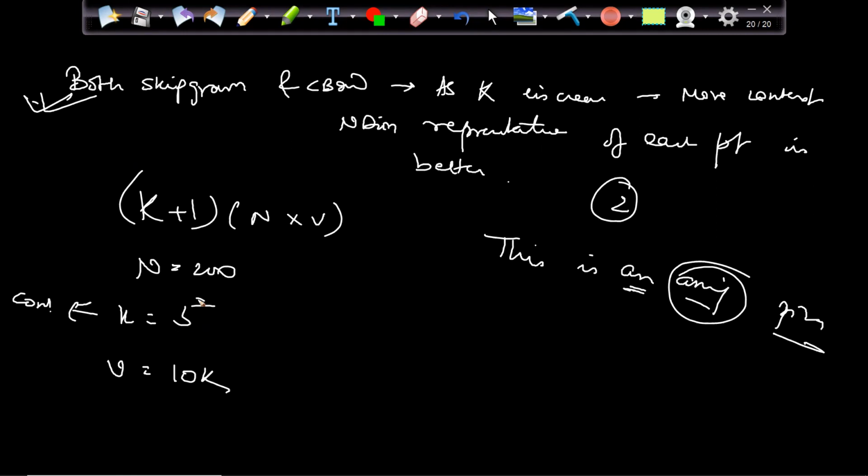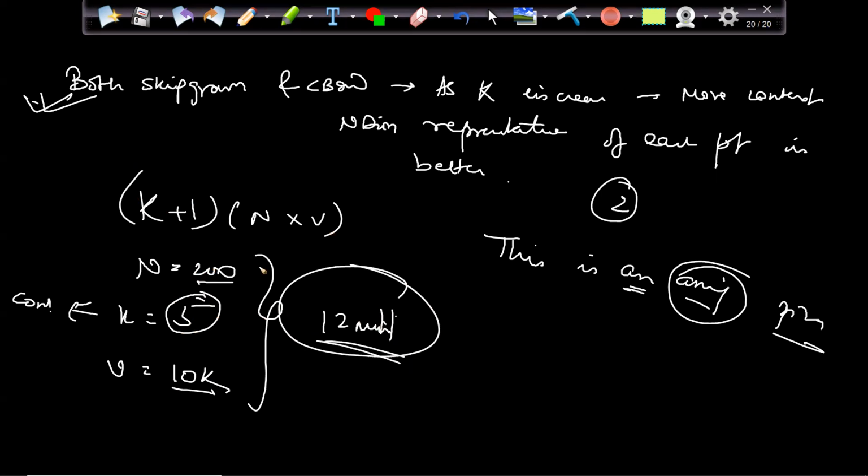But at the same time, when we are increasing K and this dimension, if you multiply all of this, at the end this is how many weights you have to train: K plus 1 into N into V. N is 200, V is 10k, K plus 1 is 6, so approximately 12 million. I have to train 12 million weights, which is obviously a time-consuming process. And again, we are just talking about 10k words.